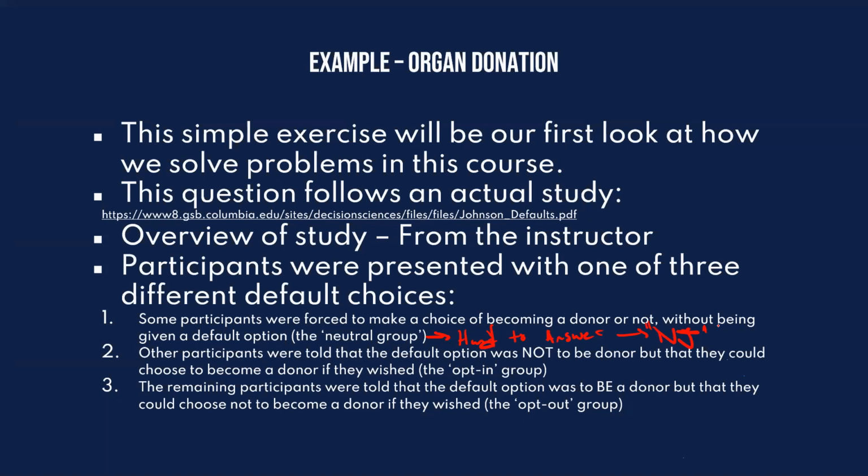So this is the second option here. Other participants were told that the default option is not to be a donor, but they could choose to become a donor if they wish. This is called the opt-in group. So default, no. This is how they do it in your state of New York.